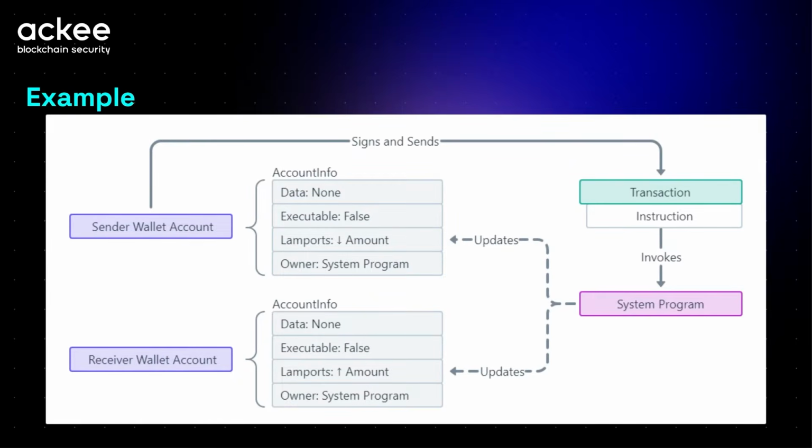That means the transfer instruction can modify the lamports, because the transfer logic is contained in the system program, and the system program is the owner. That's why there was also a point that adding lamports can be done by anyone, but subtracting lamports cannot be done by anyone, only by the program owner, or in this case, the owner field. That means the system program.